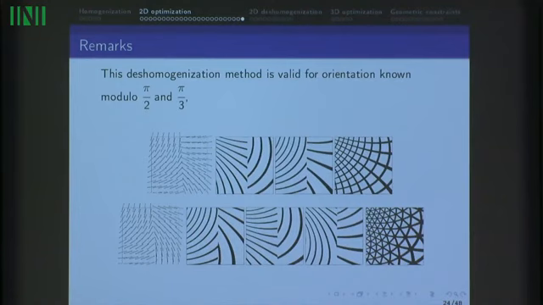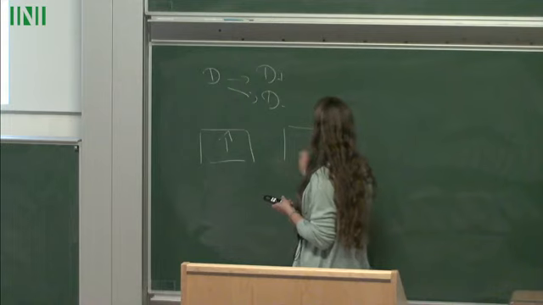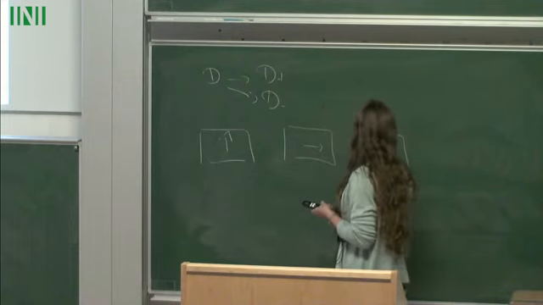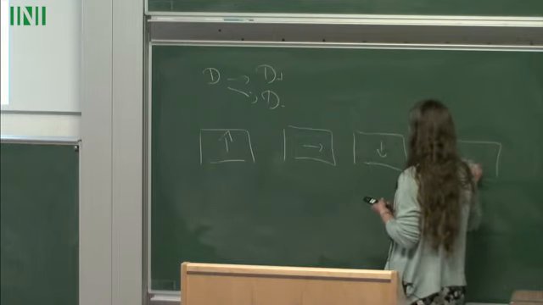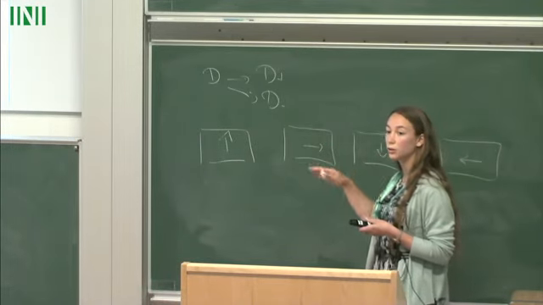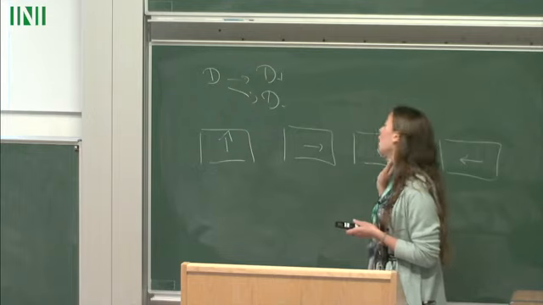So the idea to do that is the same as previously. Previously we said we have D, and we could have D plus and D minus. And if now I'm working modulo pi over 2, I could have a copy of D with this orientation, and this orientation. So I have 4 copies for each covariant orientation of this angle.